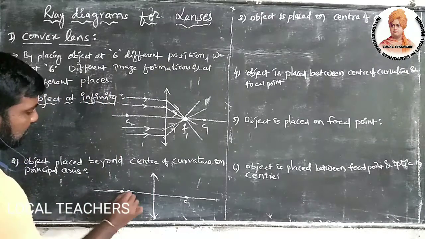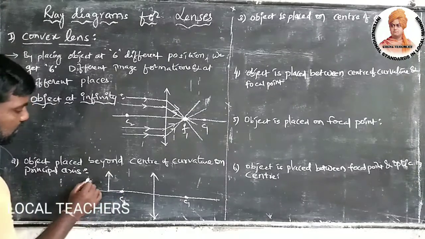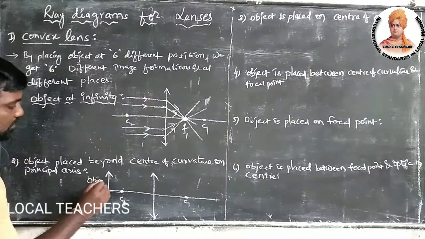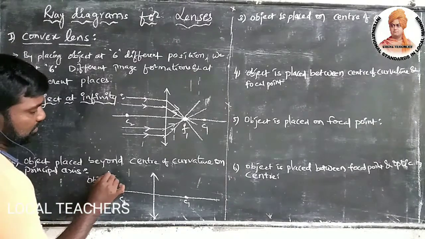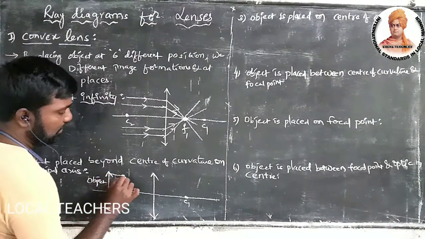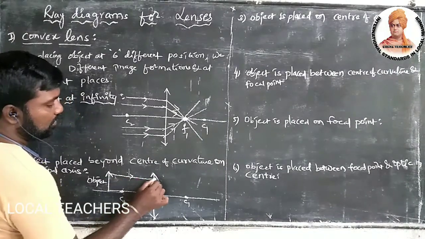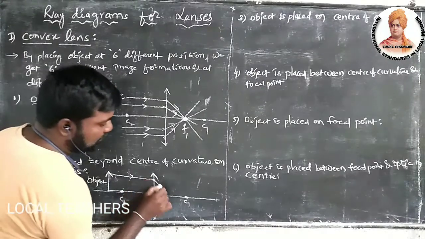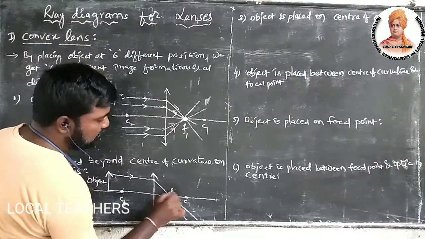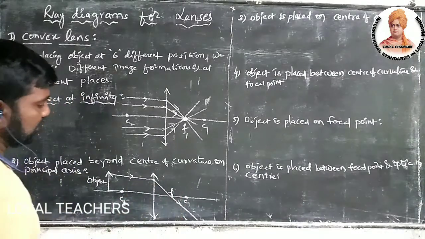I consider the object beyond the center of curvature. From the top of the object, I consider a parallel incident ray, which falls on the convex lens and passes through its focus F1. This is the refracted ray.